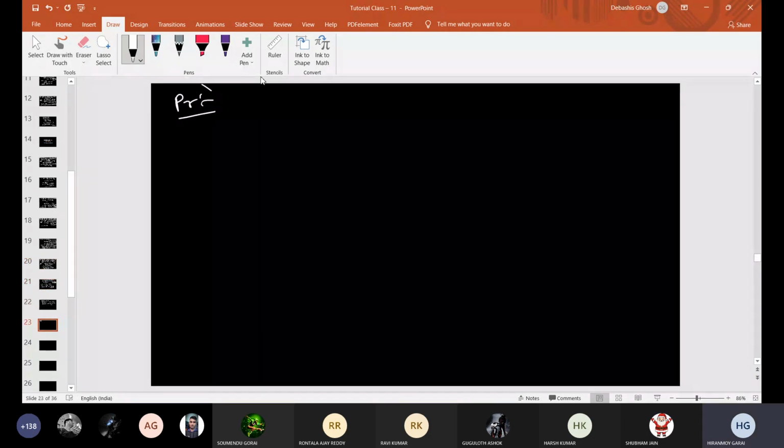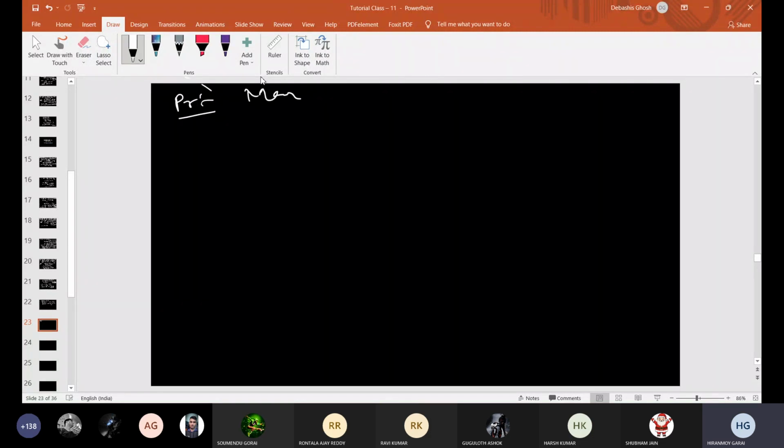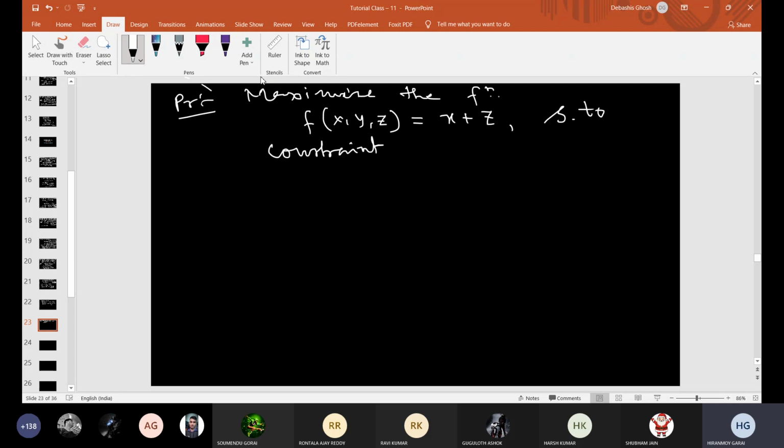Maximize the function subject to the constraint x square plus... I think you can solve this one on your own, because again we can construct the function F equals f plus lambda phi, if we denote the constraint by phi.